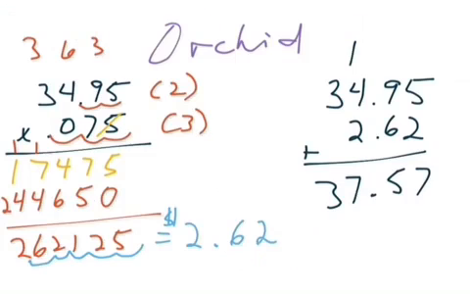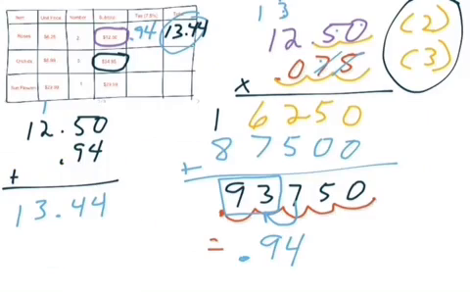Okay, so orchids should look kind of like this. We'll start over here to the left. I worked it out a little bit beforehand. $34.95 times 0.075. Do all this multiplication. It was a little messy, but I ended up getting $2.62. It was this long decimal down here at the bottom, but I rounded it off, and $2.62 is essentially the tax on the orchid.